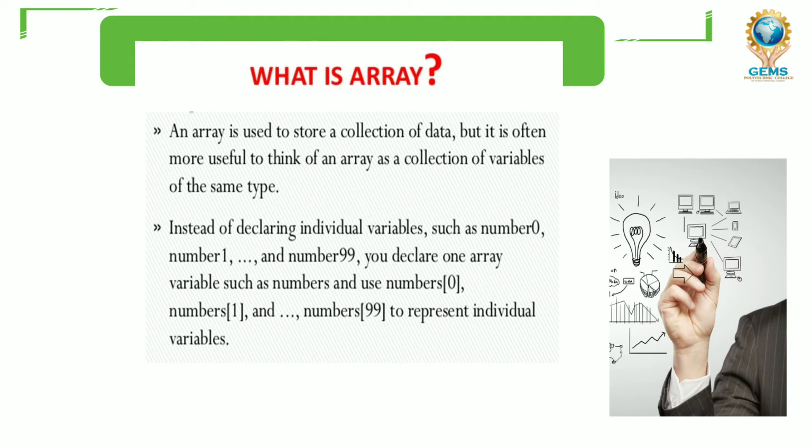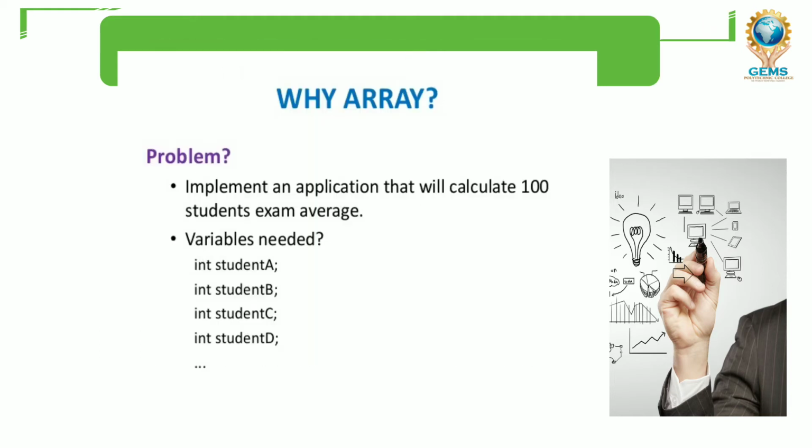Look here: student A, student B, student C and student D. Just imagine, in total how many students are there? Some n number of students. You want to store n students' information in a particular location.